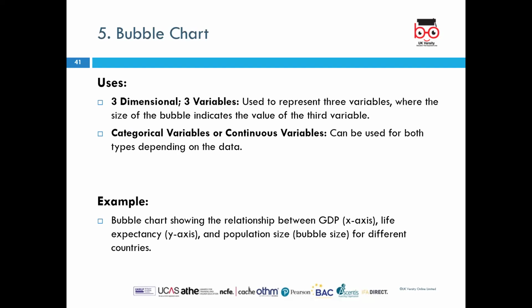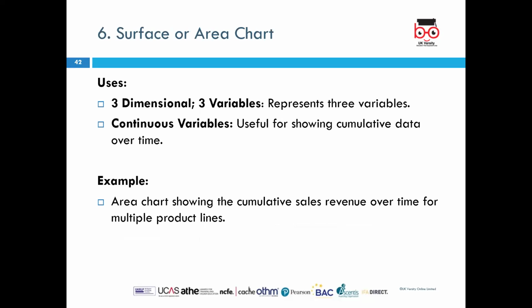Bubble chart is used to represent three variables where the size of the bubble indicates the value of the third variable, and this can be used for both types depending on data. So bubble chart will now show the relationship between GDP as the x-axis, life expectancy on the y-axis, and population size, which will now be the bubble size for different countries.